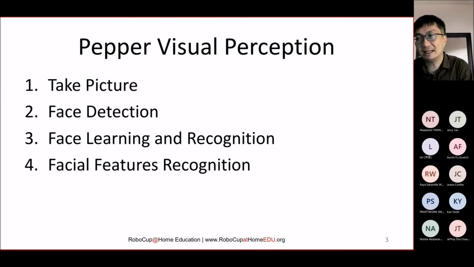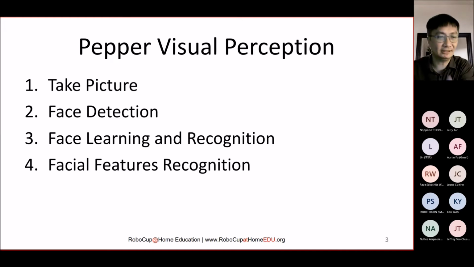But that involves some learning, which means you need to teach Pepper who this person is, and you need to give the name. For example, this face belongs to this person, so you need to associate them. If you want to do this application, yes, we also have the tools to help you. In the third part of today's class, we will talk about not just detecting any faces, but you can actually train Pepper so that it can recognize a particular face and you can associate it with a name.